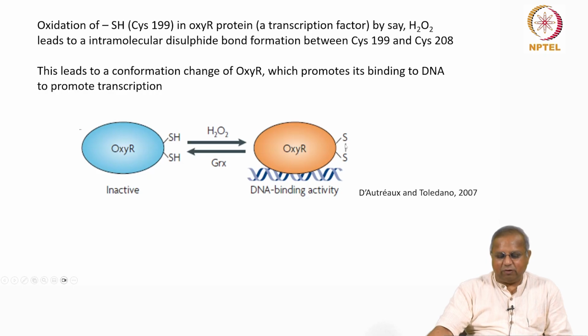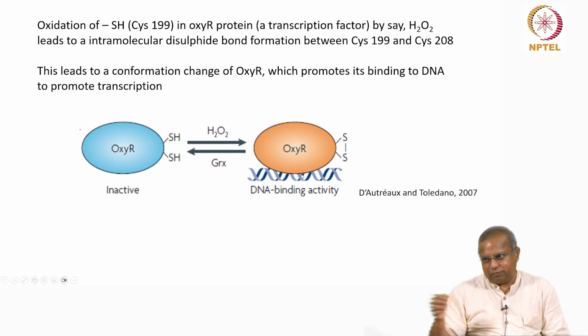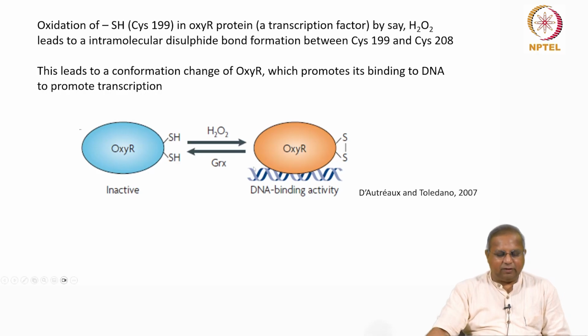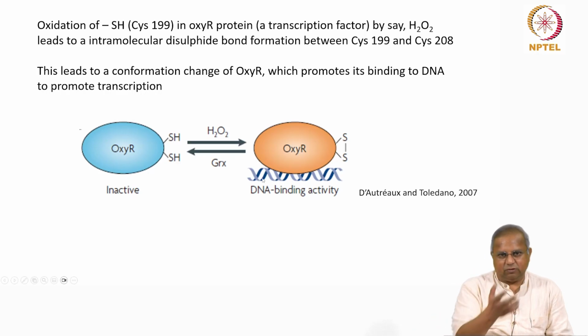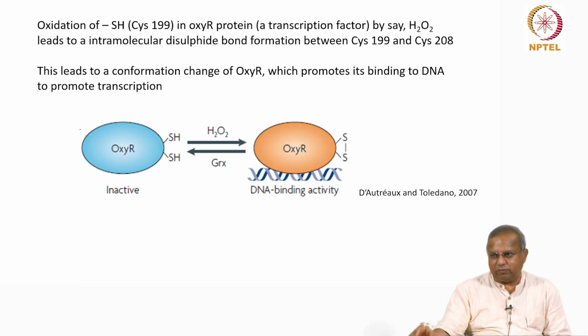When a disulfide bond forms, it becomes active, it binds to DNA and promotes transcription. It's a transcription factor, for transcription of other proteins. And to get back the inactive form, you need to replenish the pool of inactive forms after the work is done. The reverse happens in pretty much the same way as the earlier example.